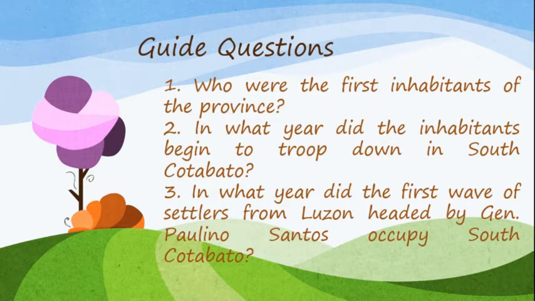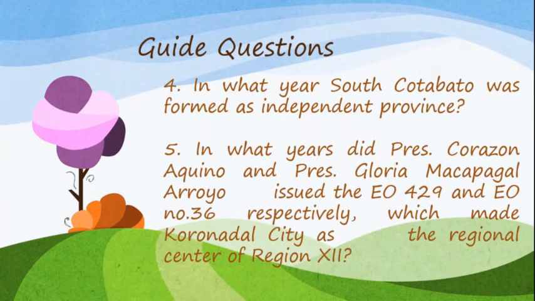Who were the first inhabitants of the province? In what year did the inhabitants begin to troop down in South Cotabato? In what year did the first wave of settlers from Luzon, headed by General Paulino Santos, occupy South Cotabato? Write it down. Number 4. In what year was South Cotabato formed as an independent province?